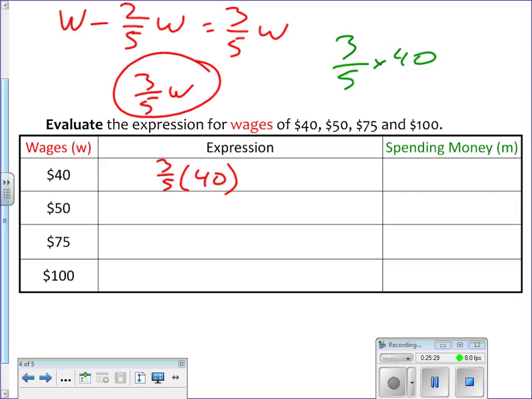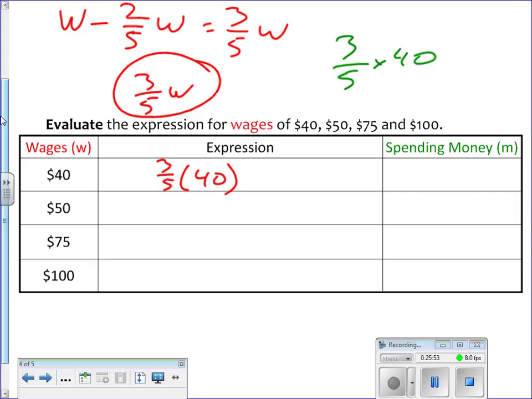I've got multiplication and division. It doesn't really matter which one I do in order to do it. I can do 3 times 40 and divide that by 5, or I can take 40, divide that by 5, and multiply that times 3. Either way will work. You have your calculator. Let your calculator do the work for you.